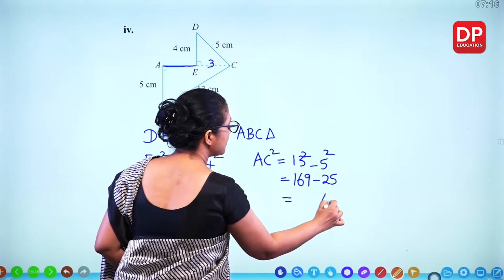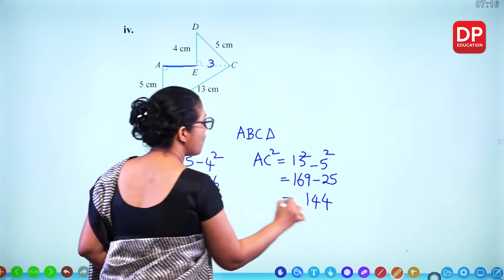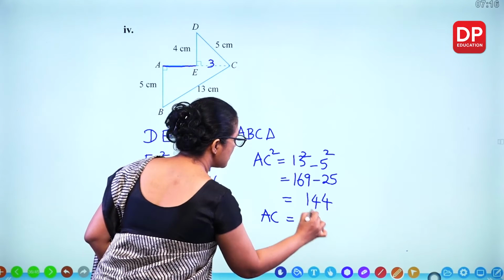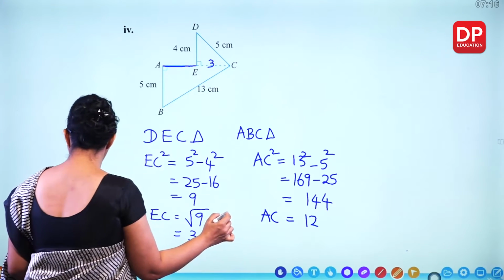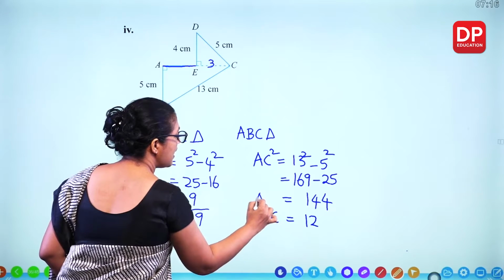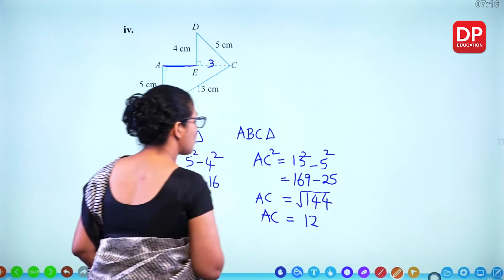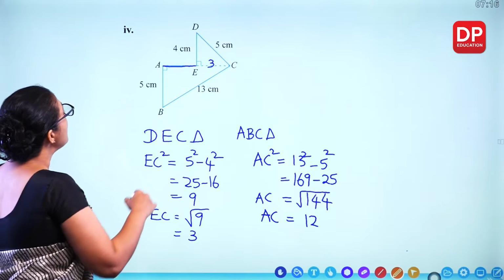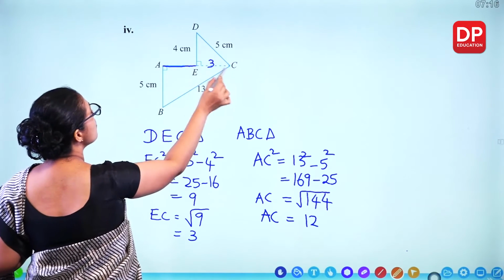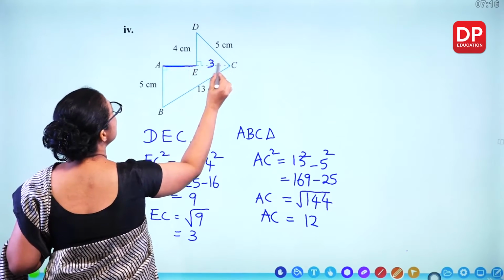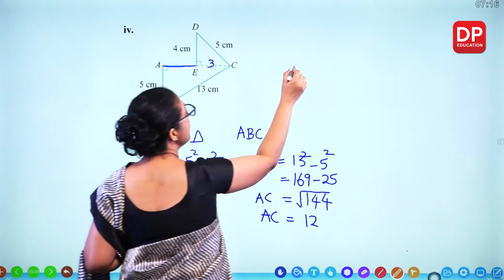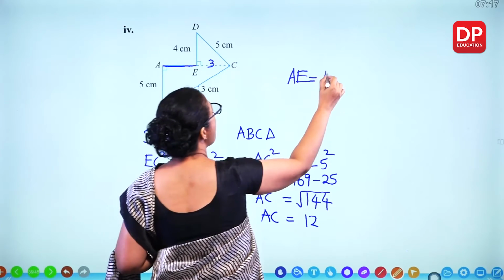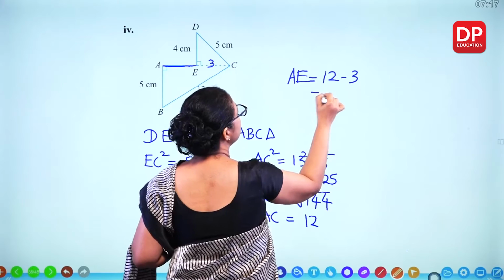So you get 144. When you take the square root, you get 12. So AC equals 12. Now we found the whole thing is 12 and this is 3. So what is AE? AE becomes 12 minus 3, 9.